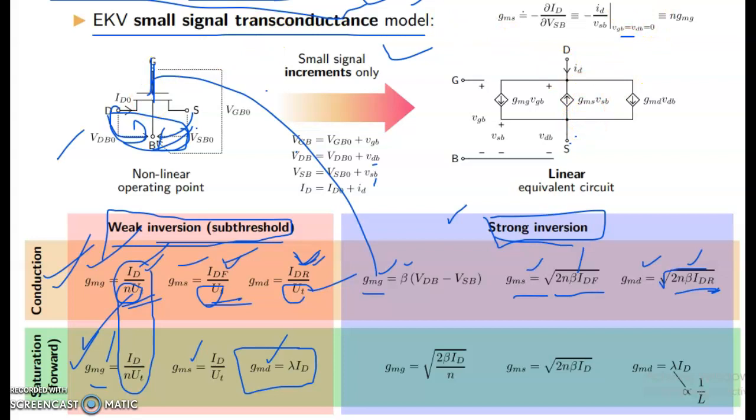In GMS, in source, beta IDF, forward. In drain, reverse.